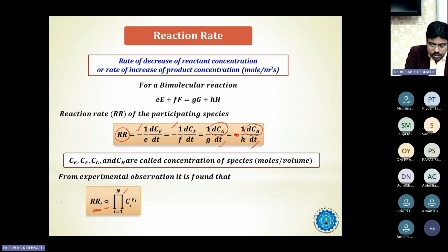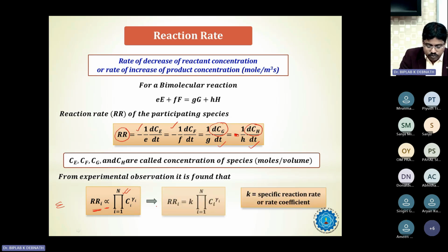We have a summation sign like this, and this is called the product sign. So i is the species, and to the power gamma is basically the stoichiometric quantities. This is observed experimentally.